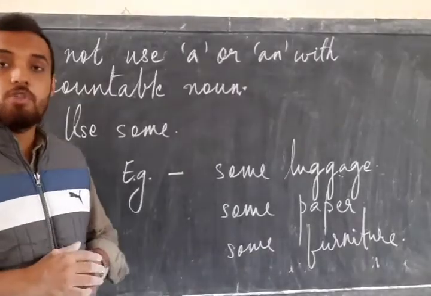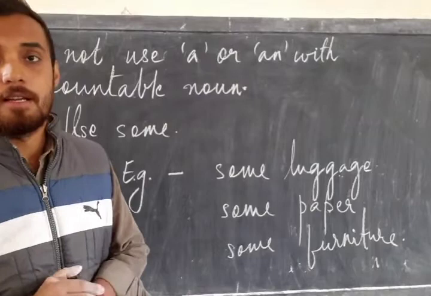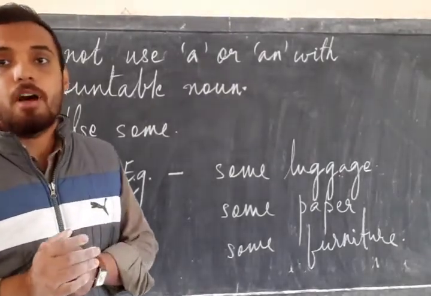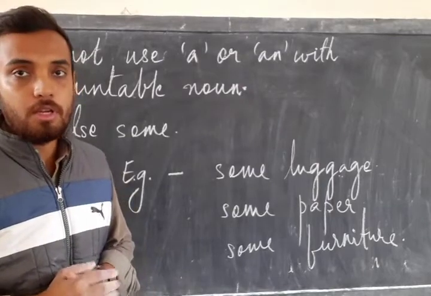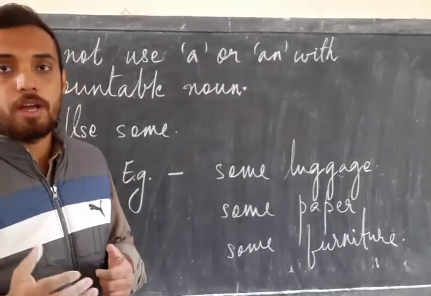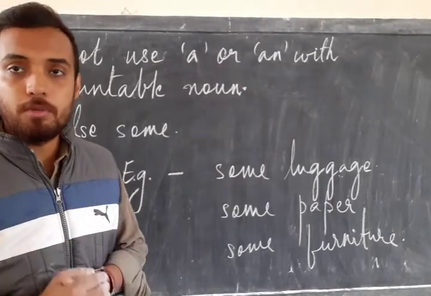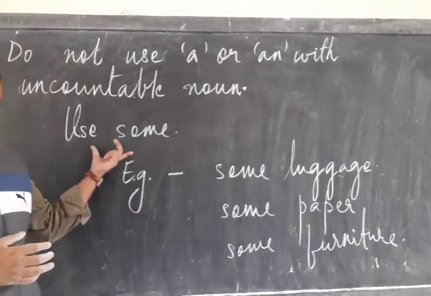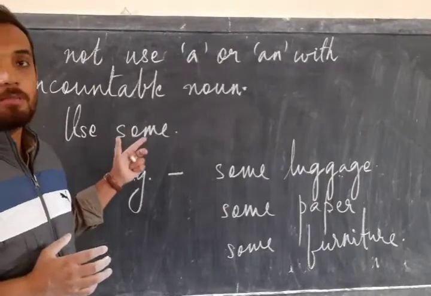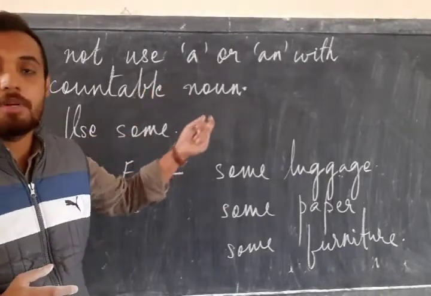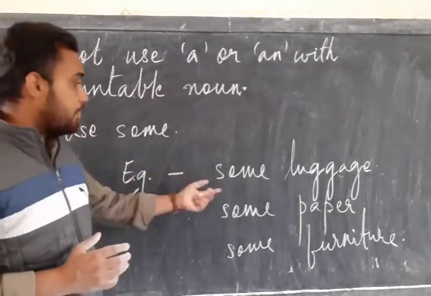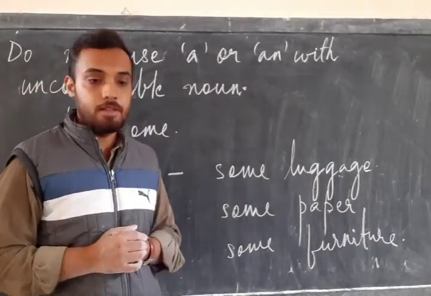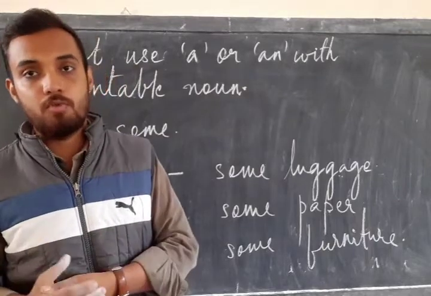Now, one more thing you have to understand is that we never use a or an with uncountable nouns. Instead, we can use some, and it will be right. But if you use a or an, it becomes wrong. Example: some luggage. We have some luggage with us.